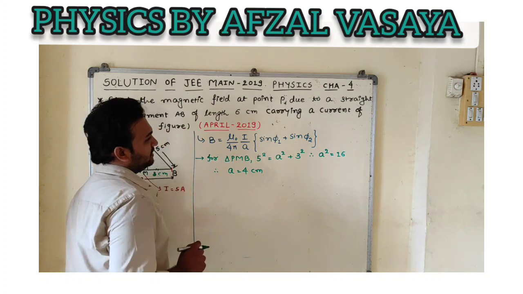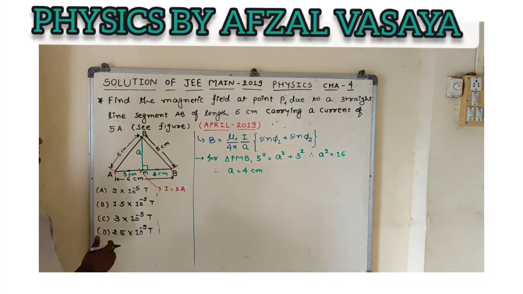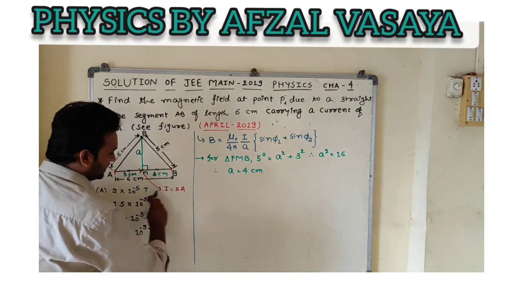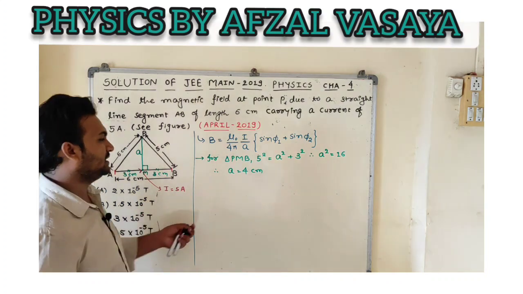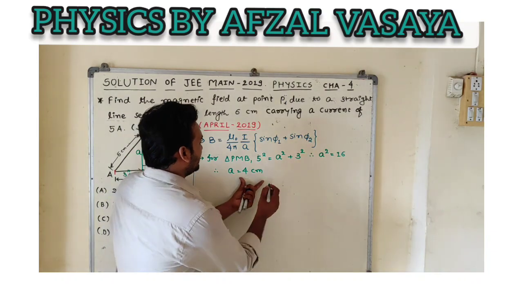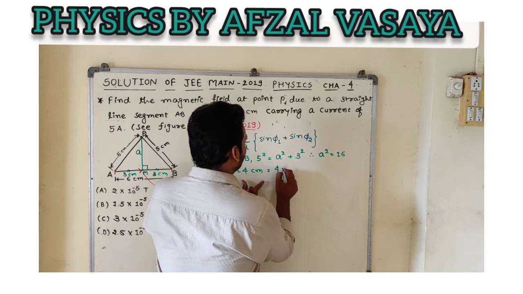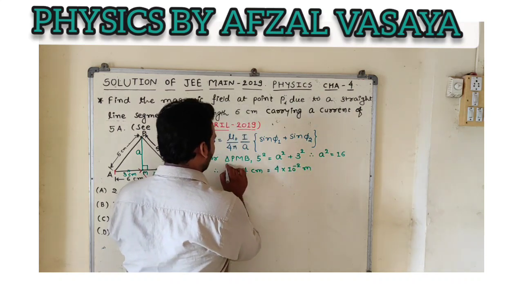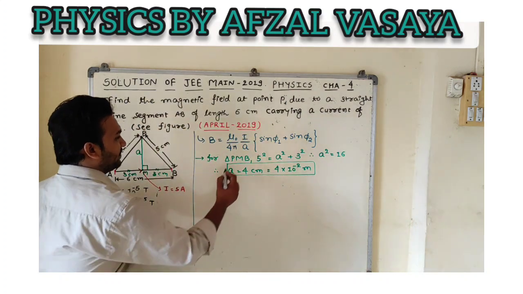But our options are in Tesla, since we have to find the magnetic field, and the current is 5 ampere. So we have to convert the perpendicular distance into SI units. The SI unit of distance is meter, so A equals 4 into 10 to the power minus 2 meter. So we get the perpendicular distance A.